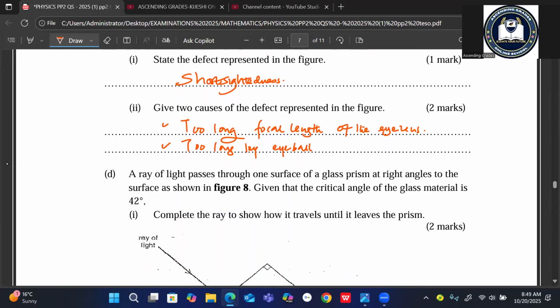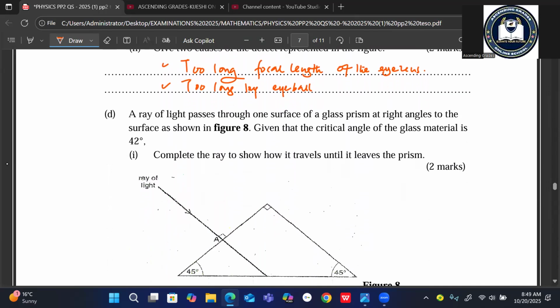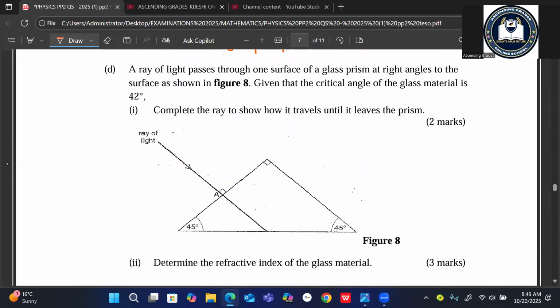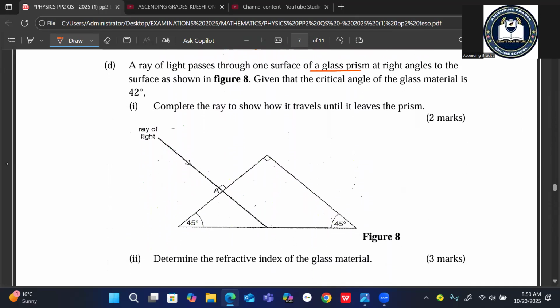A certain ray of light passes through one surface of a glass prism at right angles to the surface as shown. Given that the critical angle of the glass material is 42, complete the ray to show how it travels until it leaves the prism.